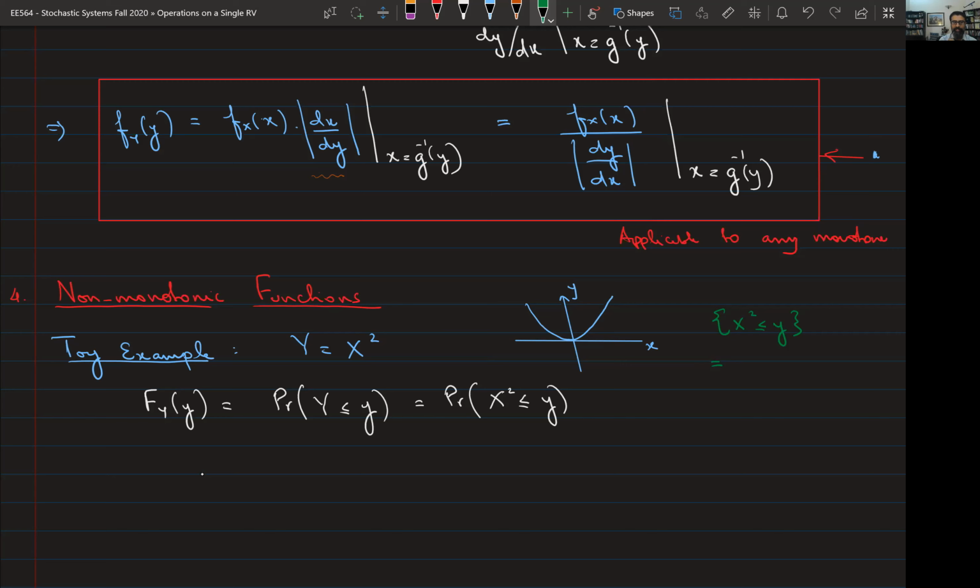You're saying take the square root to get it in terms of x. Yes, exactly. You'll take the square root, but you'll get two values of x, one plus root y and one minus root y, right? So when x squared is less than or equal to y, whenever minus root y is less than or equal to x is less than or equal to plus root y.